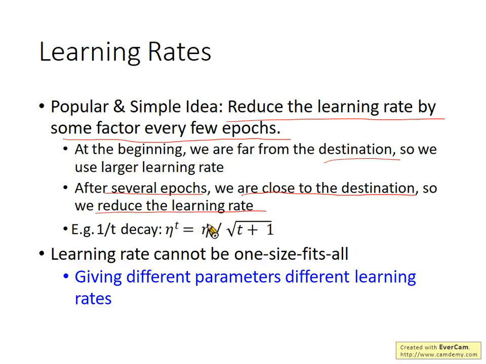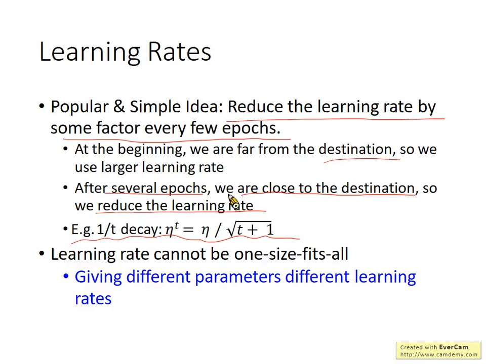Therefore, we propose an adaptive learning rate eta that depends on the number of epochs we have already conducted. This is one possible parameter setting, called 1/t decay. The learning rate of the t-th epoch is the initial learning rate divided by the square root of t plus 1.